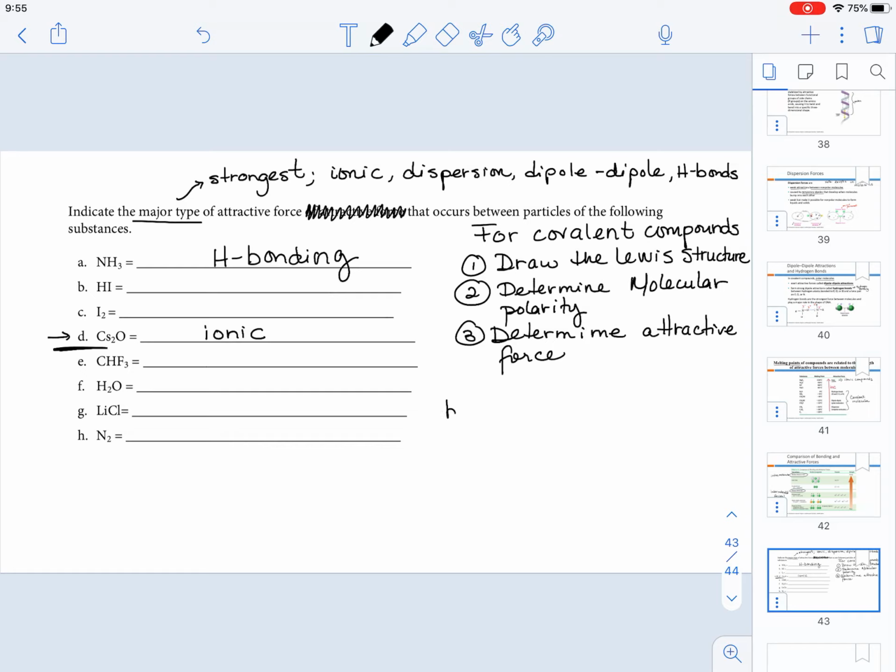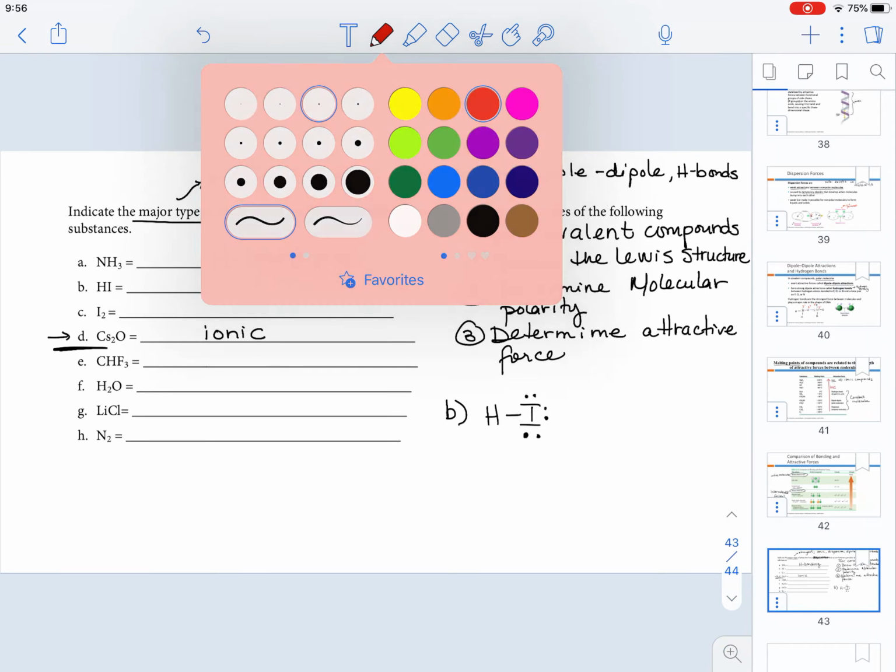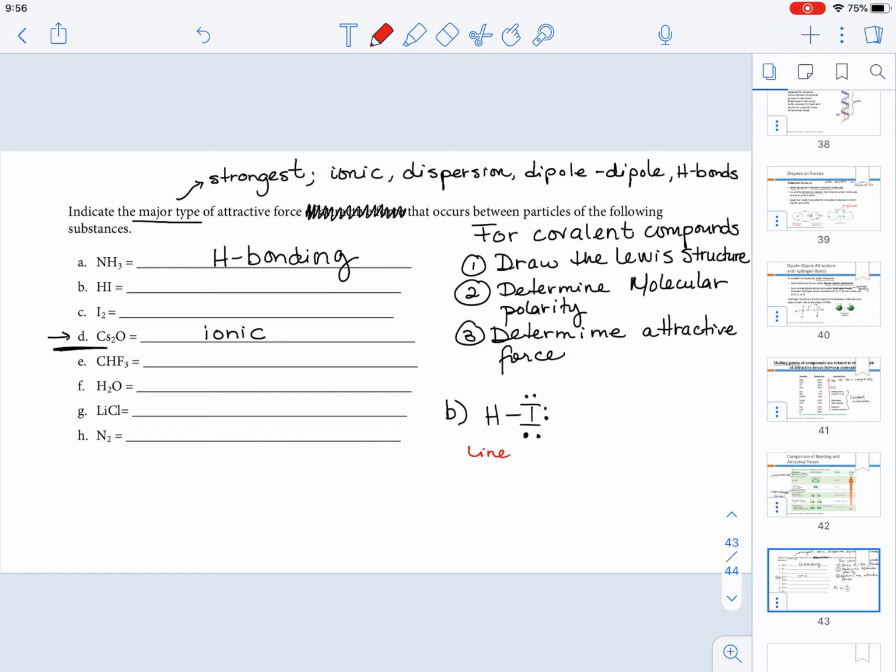So for letter B, if we draw the Lewis dot for this molecule, it's as follows. To determine the molecular polarity, I know that this is a linear molecule that is polar.